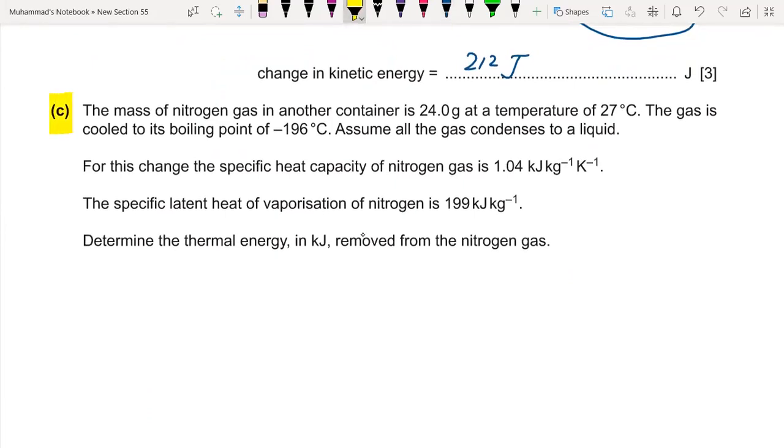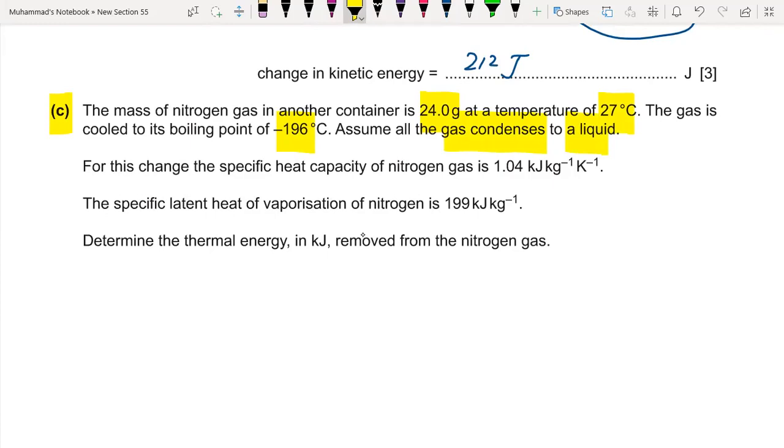Let's move towards part C. The mass of nitrogen gas in another container is 24 grams at a temperature of 27 degrees centigrade. The gas is cooled to its boiling point. The initial temperature of the gas is 27, then it is cooled to minus 196 degrees centigrade. Assume that all gas condenses to the liquid.